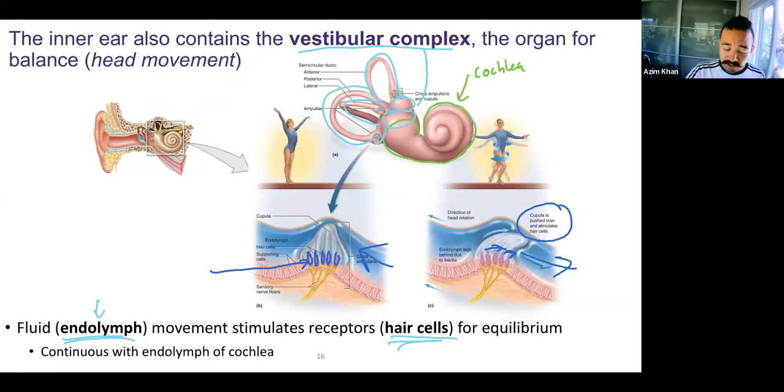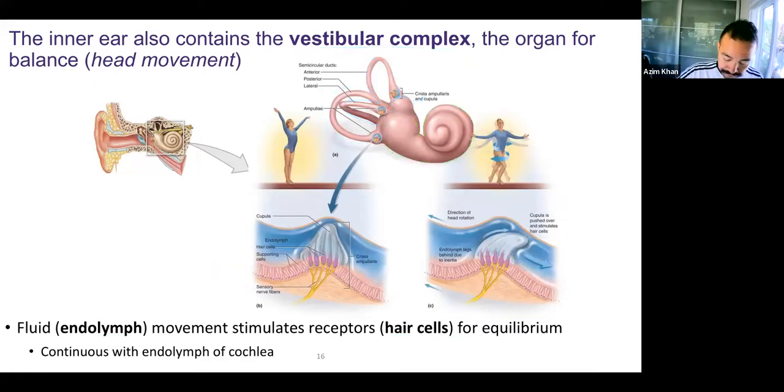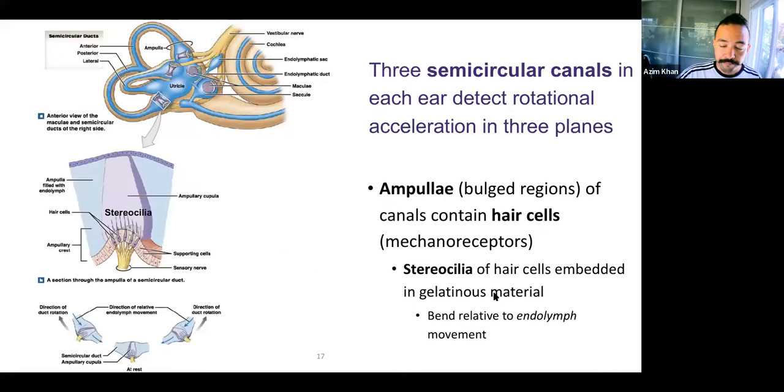Let's dive deeper into what are these 3 loops and what are these 2 bulges. The loops are called semicircular canals. They're half circles, semicircular, and canals, they're thin passageways filled with fluid. The reason why they're circular is so that you can detect rotational acceleration.